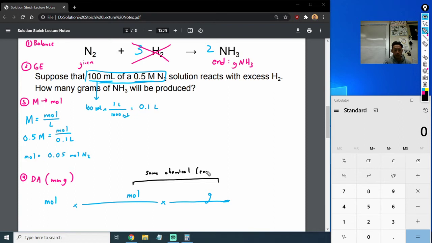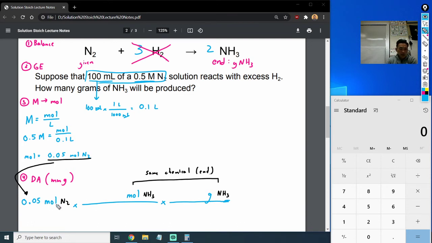We want to end with grams of NH3, so I'm going to put NH3 right here. That means the second fraction is going to be about NH3, which means our starting number for this problem is going to be moles of N2. So we're just going to bring this down, and that's going to be our starting number. So our starting number for this dimensional analysis is going to be 0.05 moles of N2.